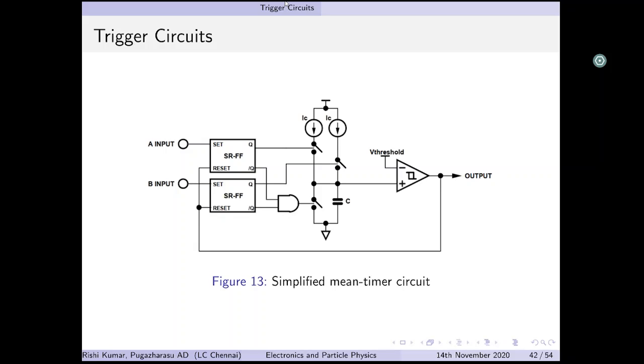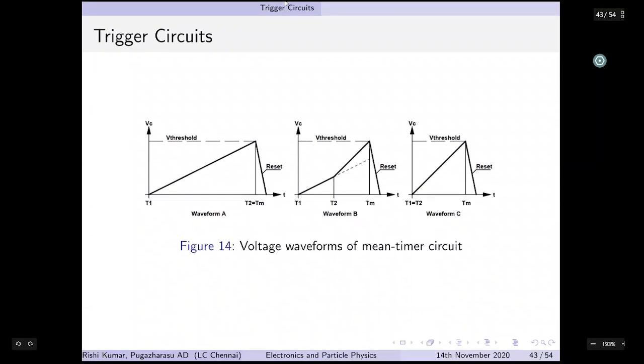The circuit uses a capacitor as a current integrator, and it basically integrates the two equal currents, each of which are switched on by the input signals, and then the voltage across the ramp here is Vc, which is given by Q by C, and this is nothing but IC dot T by C. And the IC value actually doubles when both the inputs become active. And this is simply because the ramp slope changes.